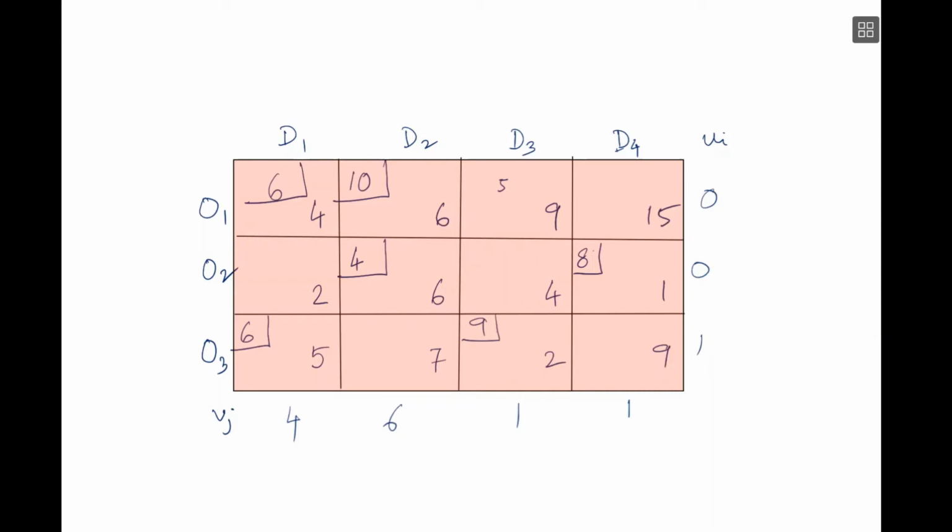Now it is 1 minus 9, that is minus 8, from where this 5 came. It will be minus 8.